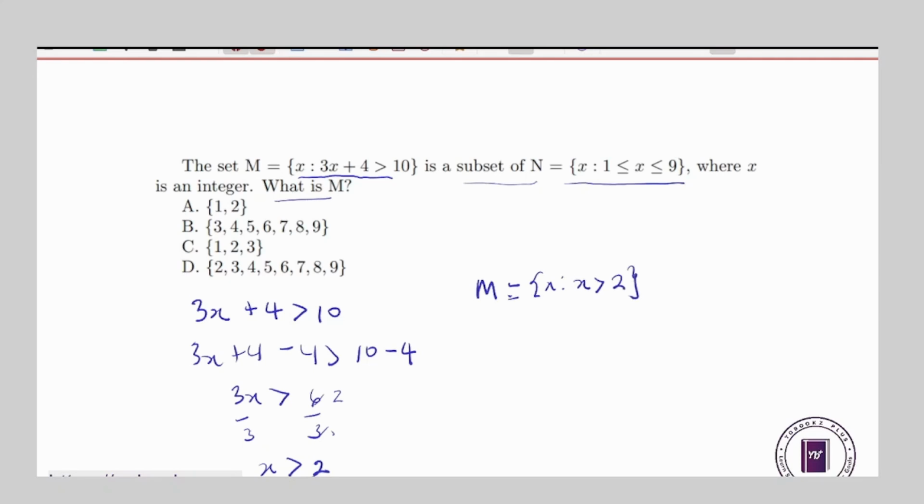Okay. Now, we've been told by the question that M is a subset of N, and N is a finite set defined by x being from 1 through to 9.